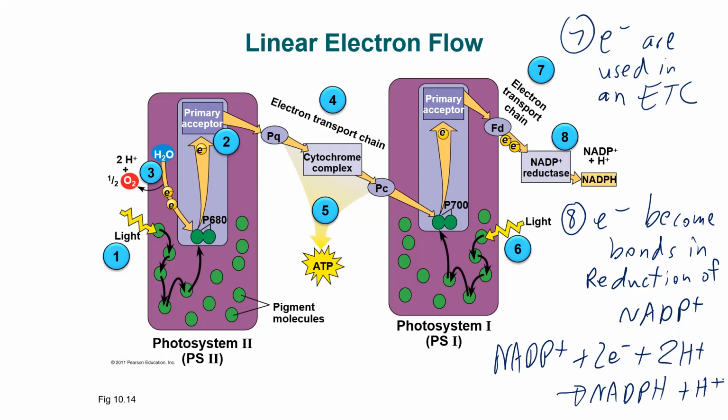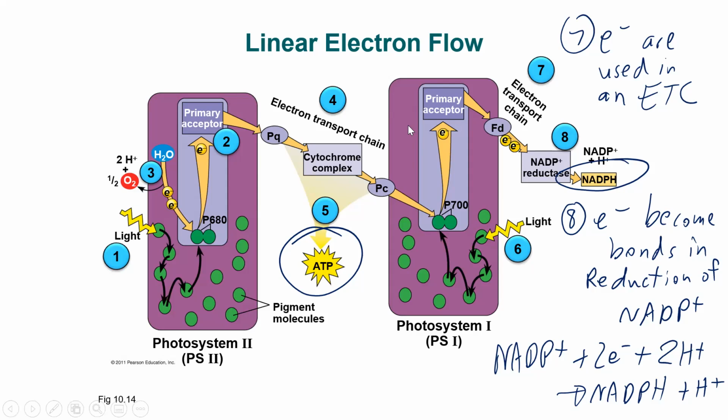Kind of the key thing here is we've made ATP and we've made NADPH. And that's kind of all that matters about the light reactions, is we're making these 2 energetic products because cells like energy. And so now we've captured light energy into new chemical bonds, and this is very, very useful. And this is what the light reactions are all about.